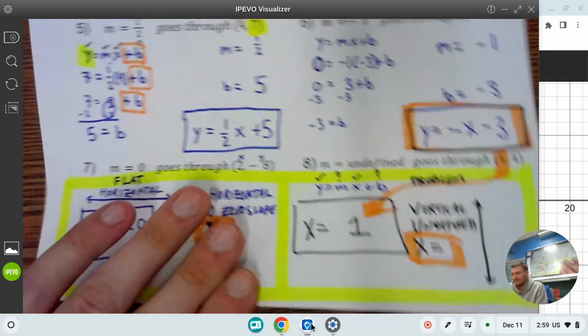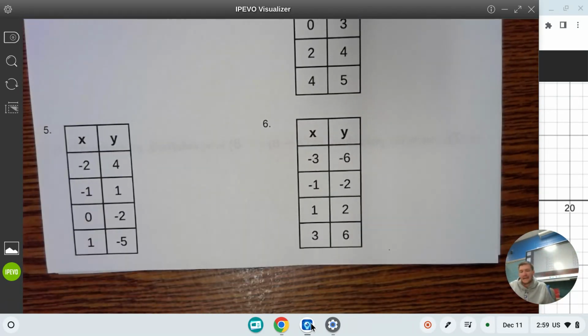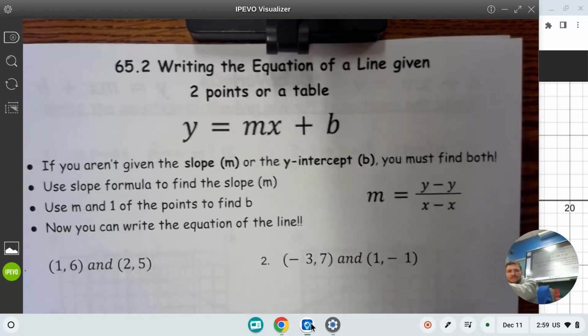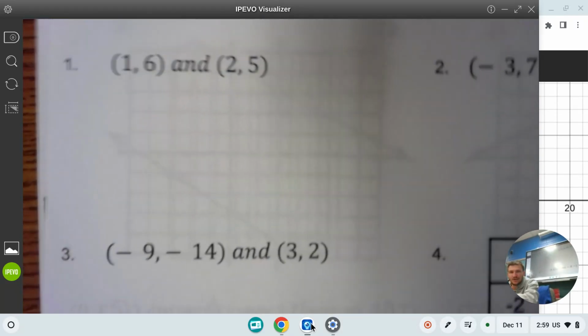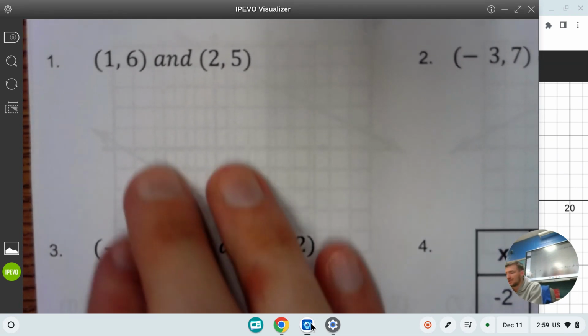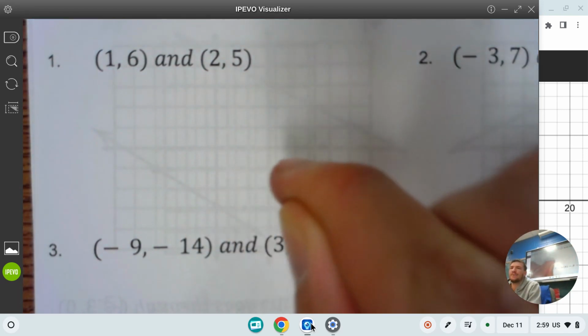All right. Flip over to the back. Here's the new stuff for today, and I got good news. This is not a whole lot of notes that we're going to take, and there is no new information here. First of all, let's look straight at the problem. Number 1, can you tell me the entire equation for number 1?